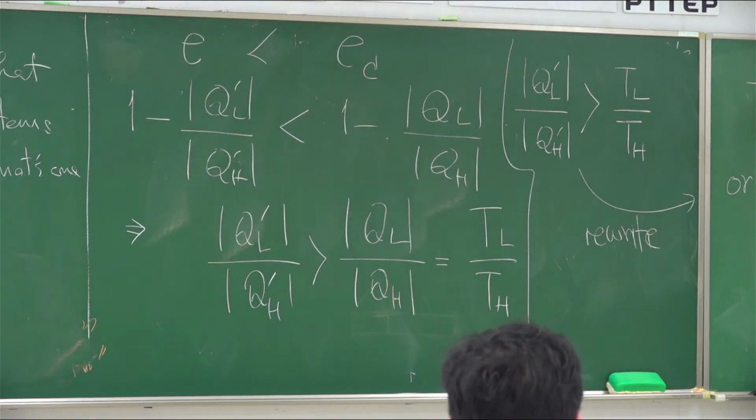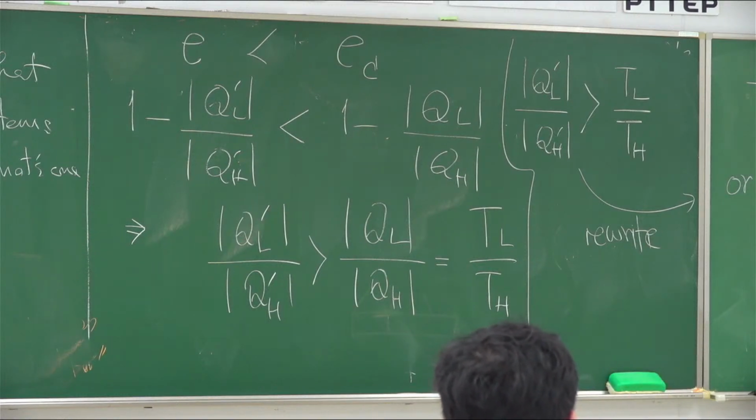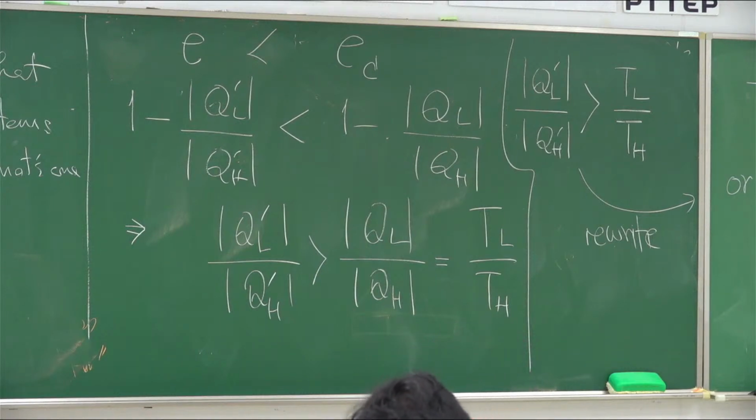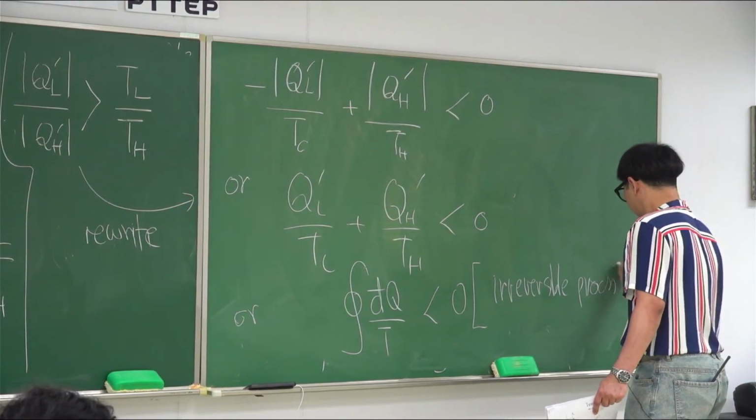But if we don't care about the signs, we just put QL over TC plus, yeah, that. We can do this. So it means that this is less than 0 for a reversible. Okay.